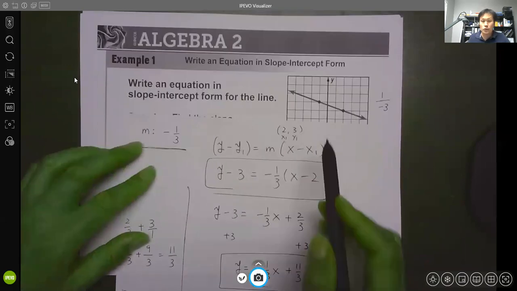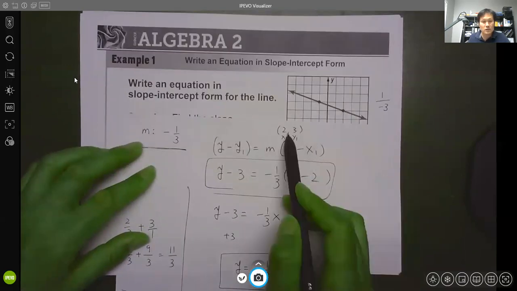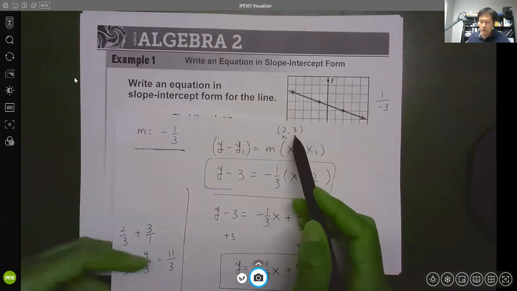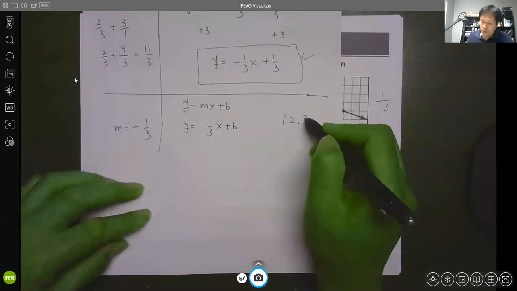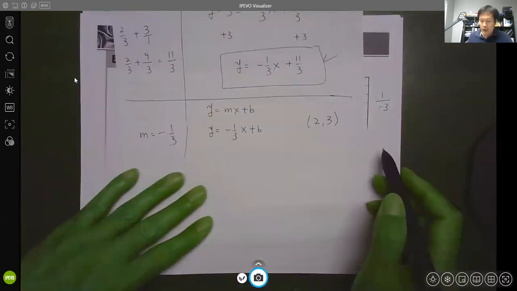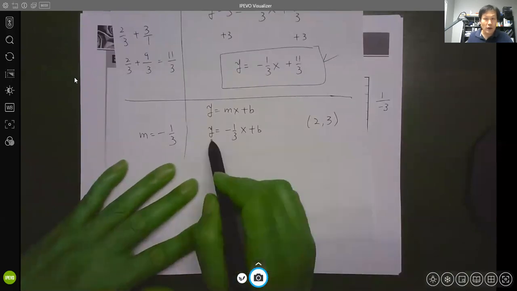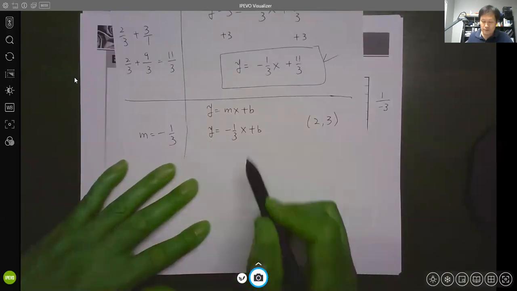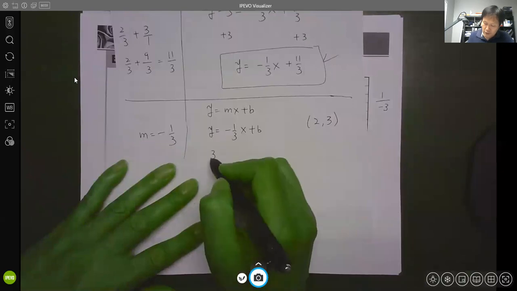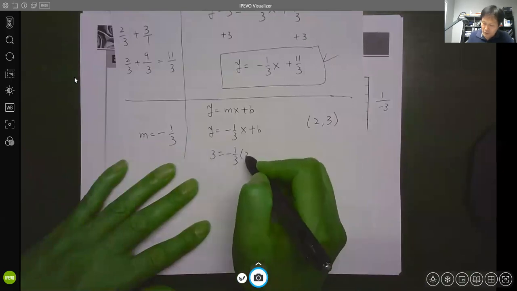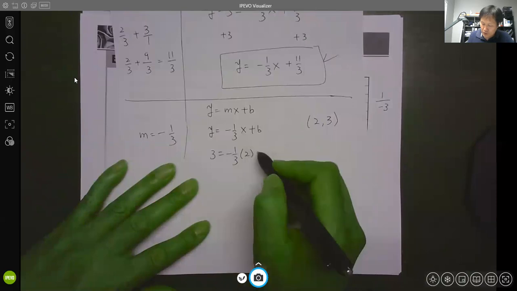And you can use either point. Let's just stick to 2, 3. Then you plug in 2 and 3 for x value, y value, and solve for b. So y as 3, minus 1/3 times x, which is 2, plus b.